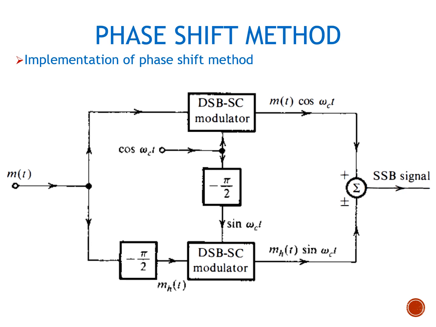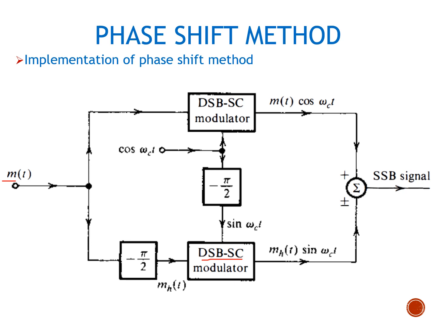So this is the implementation of the phase shift method. Effectively this block diagram implements the expression that we saw on the previous slide. The input message signal m(t) is split into two paths. In both the paths we have a double sideband suppressed carrier modulator, which is a simple AM modulator that we have discussed in other videos.